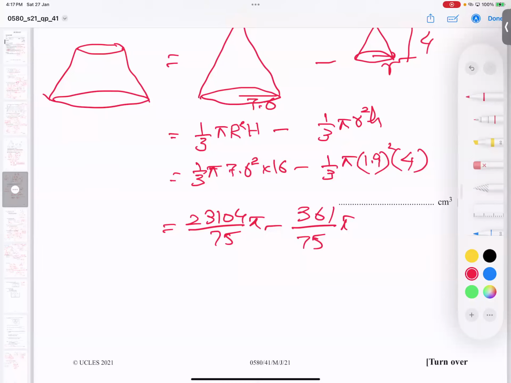Although this is not compulsory to write like this, students, you can do it directly even. So my answer is coming 952.656. I don't want that many digits; you want it to be greater than 4? Yes, so add one digit to it. So 953 centimeter cube is the volume of the remaining solid. And I think the concept is totally clear.